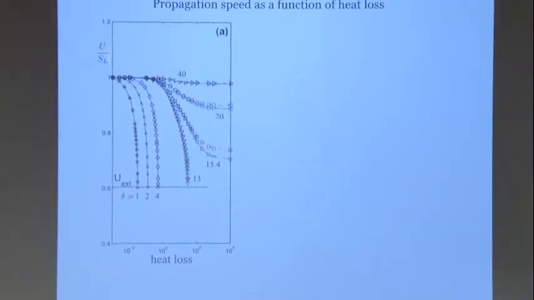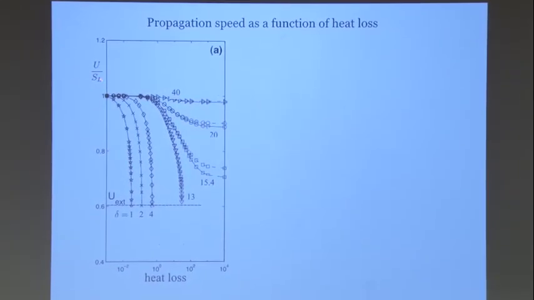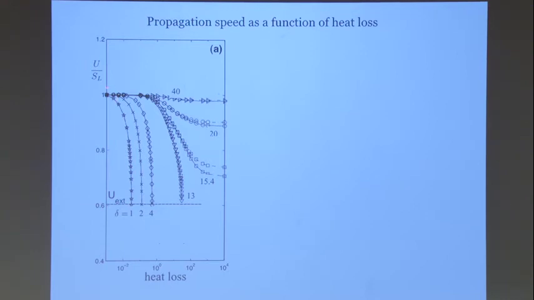When delta is small, this is like that S-curve that I showed you before. The flame speed U over SL, like the little s, is the propagation speed relative to the laminar flame speed. Under adiabatic conditions, U is 1 in all cases.